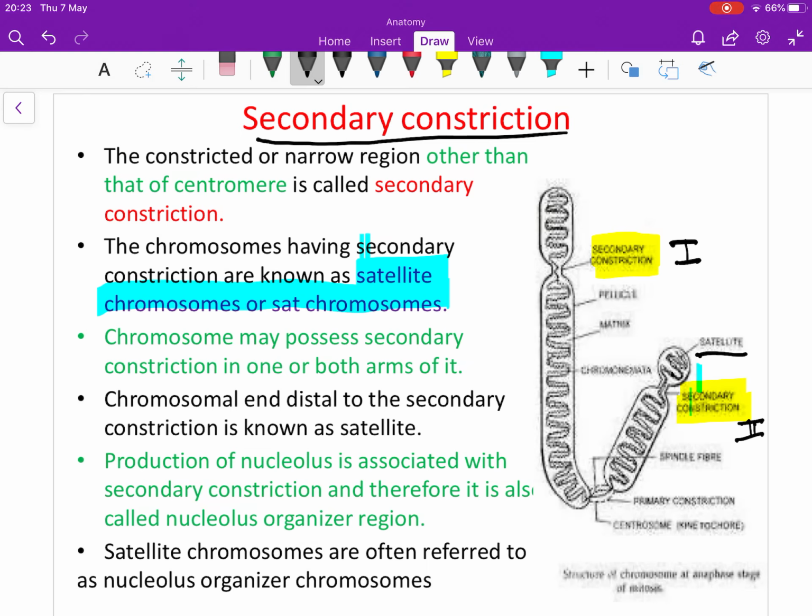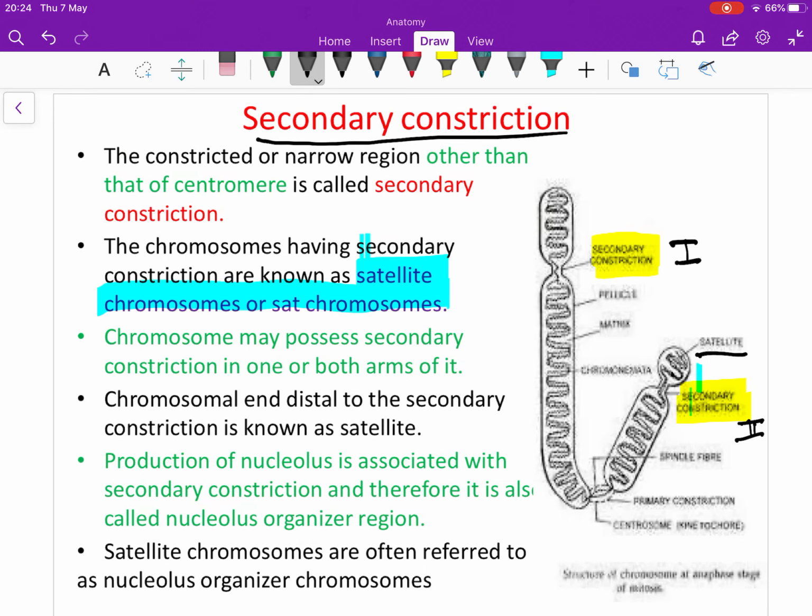Why is it known as nucleolus organizer region? As this secondary constriction is able to produce the nucleolus. That's why the name is given as nucleolus organizer region.